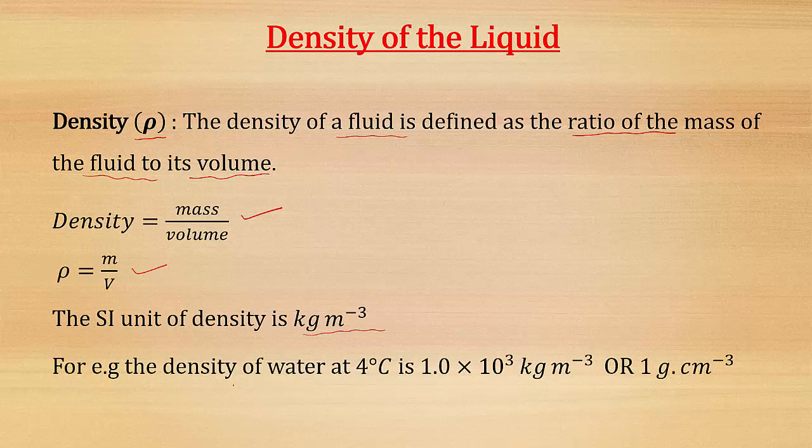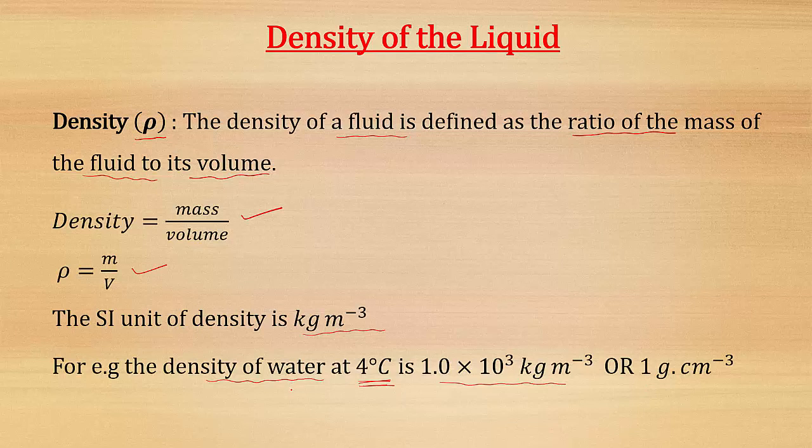For example, what is the density of water? You already studied in the chapter thermal properties of matter, anomalous expansion of water. We know that at exactly 4 degrees Celsius, the density of water is very high, that is 1000 kg per meter cube, or 1 into 10 raised to 3 kg per meter cube, or 1 gram per centimeter cube.